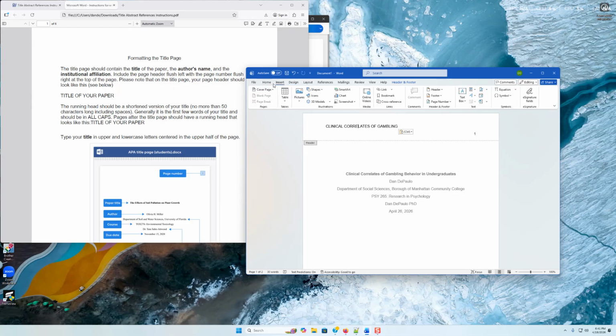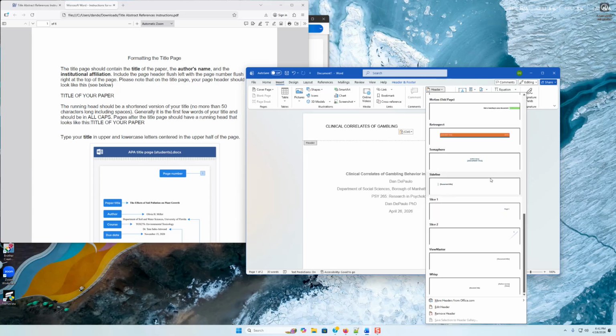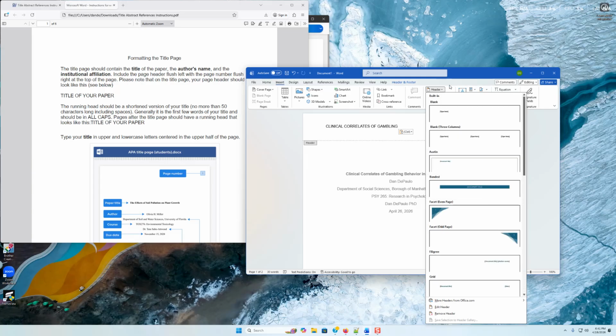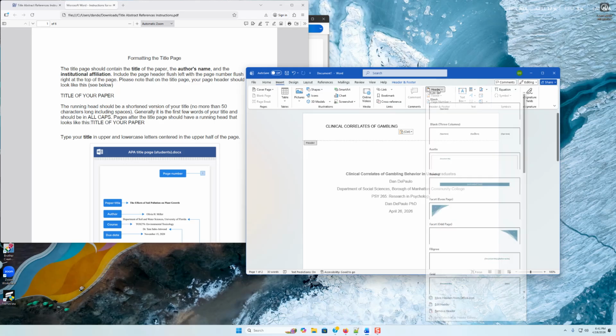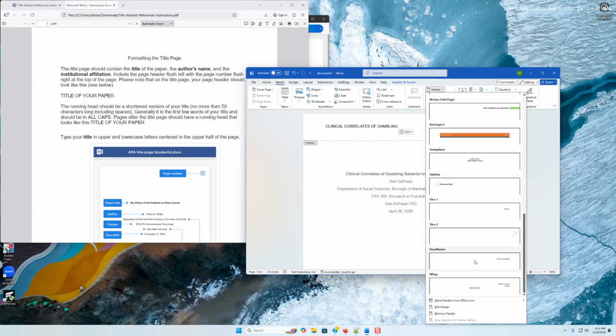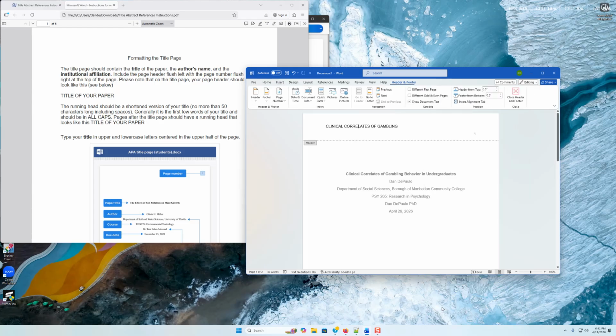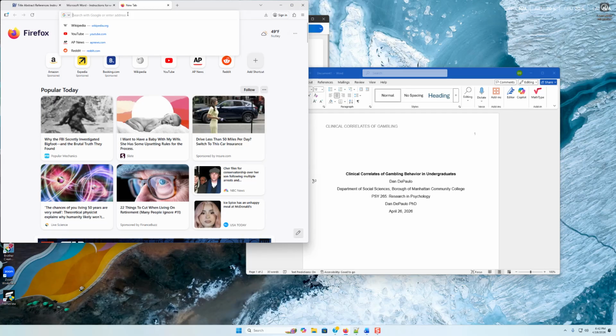There is a function in Word here to change. Here's header. I have one where I can change the first page. I used to have that. So let's come back to that.